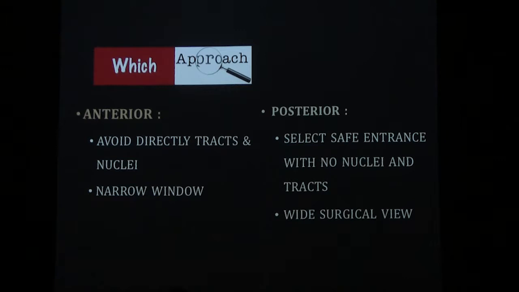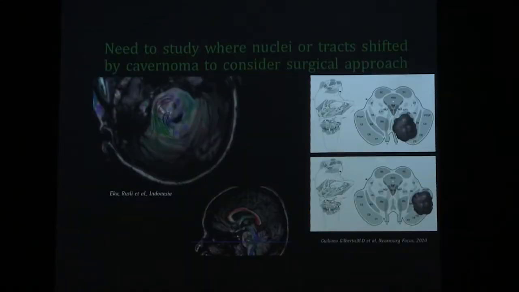If we go anterior, for instance, to avoid direct retraction and a narrow window; and posterior, select the safe entrance, like I have asked Richard about where the decussation is, and also a wider surgical view if we go from posterior.